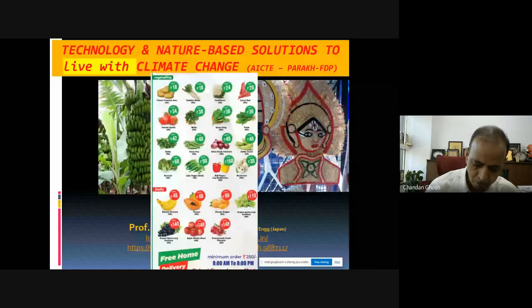It would have taken root much earlier, but now we are understanding that the root cause of climate change or of various kinds of diseases that we are harboring cannot be checked just by increasing the number of seats in medical colleges, or the number of medical colleges, or for that matter the number of cancer treatment hospitals.